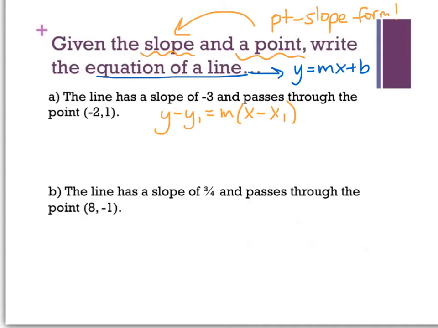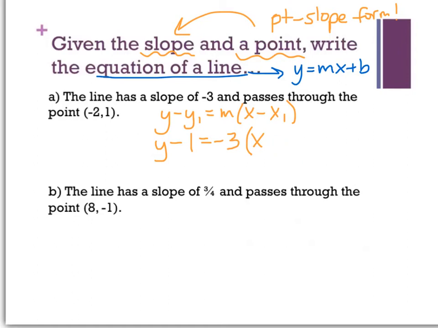Okay, y minus, the y value we have right here is 1, so y minus 1 equals the slope times the quantity x minus negative 2. Now look at that very carefully. I'm not going to leave that like that. I need to automatically change that. In fact, I don't actually write that way at all.